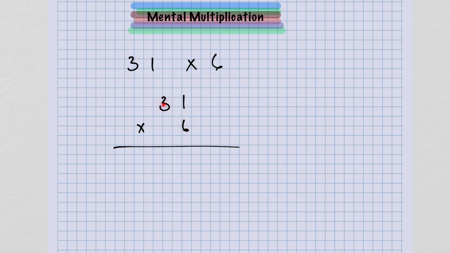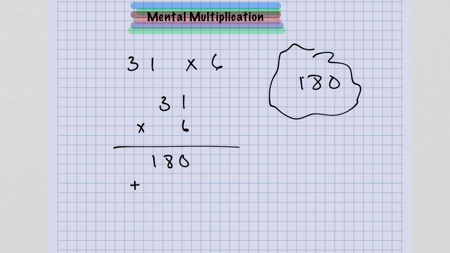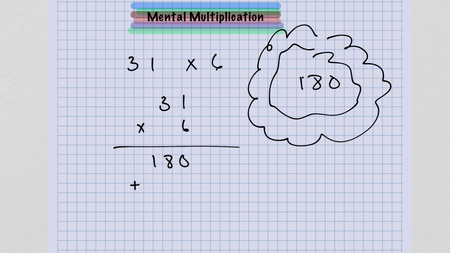This is the tens place. So I'm saying 6 times 30 is 180. And I usually keep that 180 inside my mind. If this was like a bubble inside your brain, this 6 times 30 is going to stay in there. You're going to hold that number in your short-term memory.